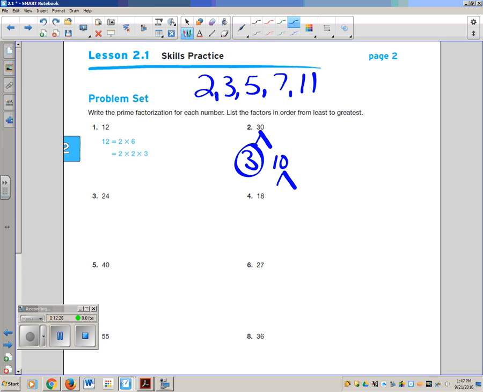Factors of 10. Anna, what is it? 5 and 2. Good. If they're prime, circle. Once you have all your numbers circled, you are finished. Rewrite it in order from least to greatest. So 2 times 3 times 5. That's the answer.